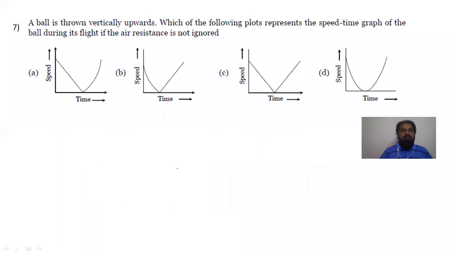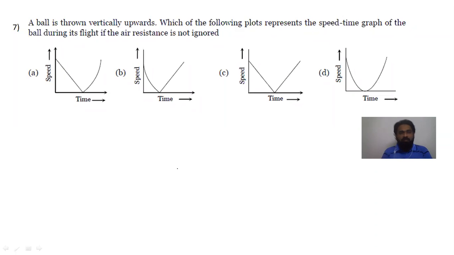Okay, next one. A ball is thrown vertically upwards. Which of the following plots represent the speed time graph of the ball during its flight if the air resistance is not ignored?